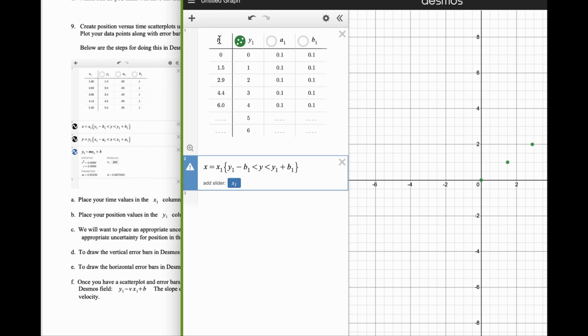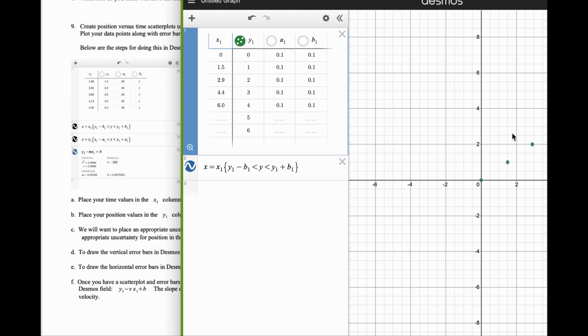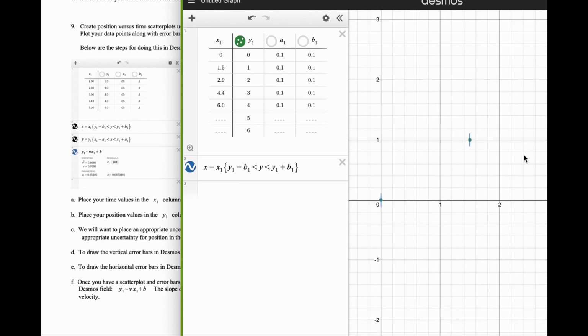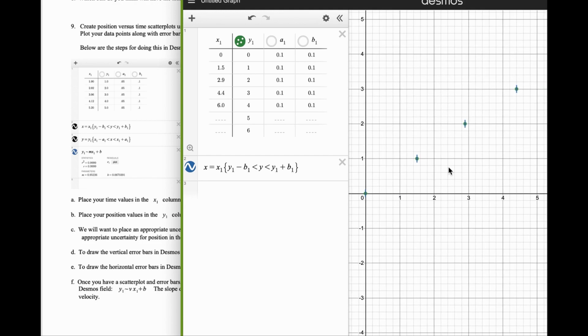But one thing is, I'm going to switch my t back to x, but just remember x represents the time. And if you look closely, you can see there is like a little hatch mark that now represents the error in the position. So it's basically subtracting a little bit from each y value and then adding that same amount to the y value and just drawing a line segment.